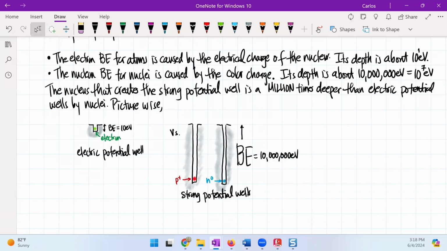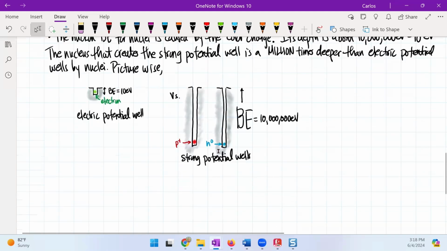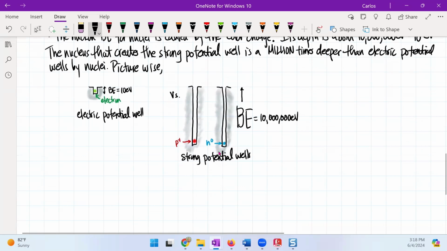Once again, we talked about binding energy a little bit, and said it's like the ionization. So let's properly define this.